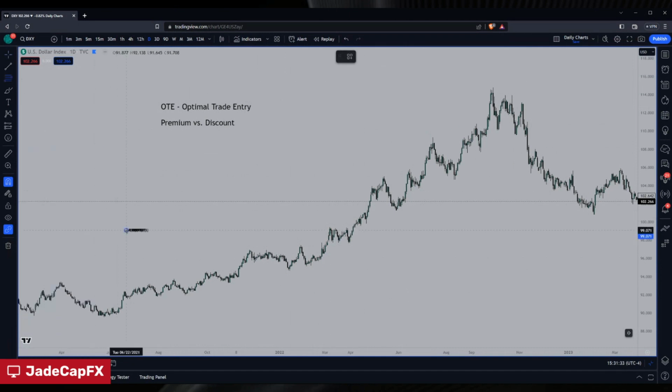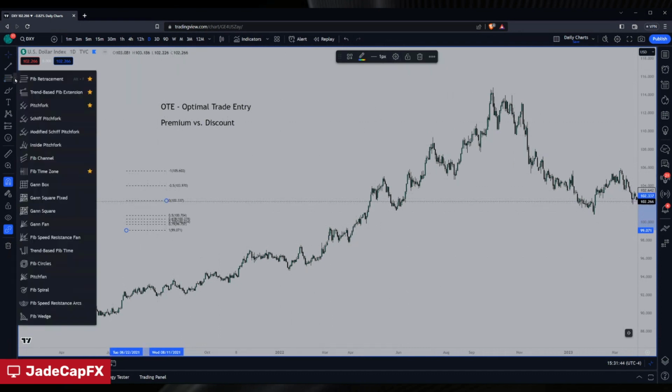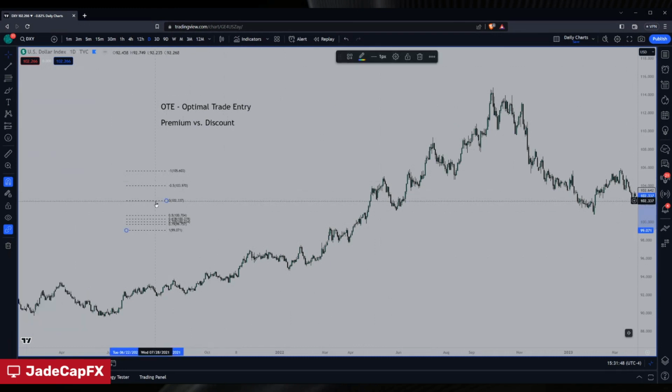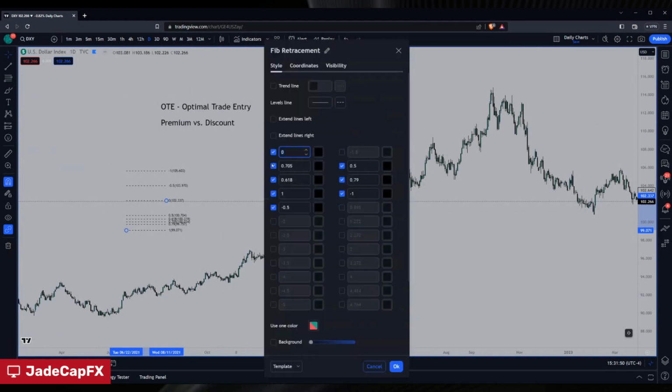So the easiest way of determining what's premium versus discount is the Fibonacci retracement tool. You can go into TradingView, open up the Fib retracement tool, and if you click on the settings, we have all the levels that I use.